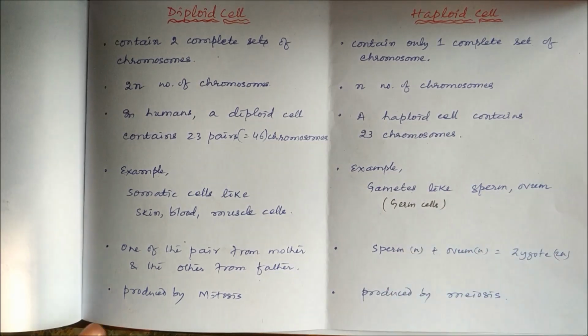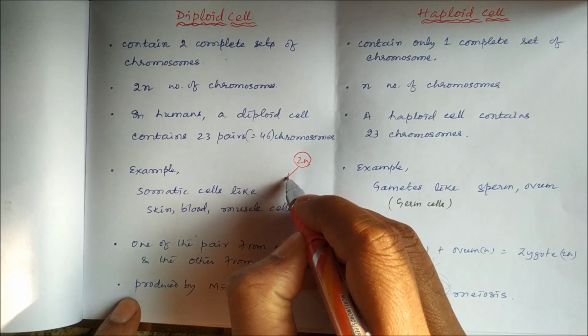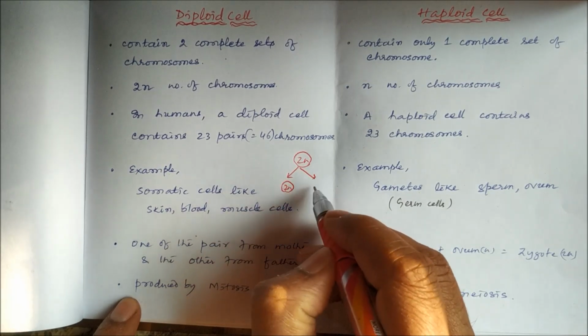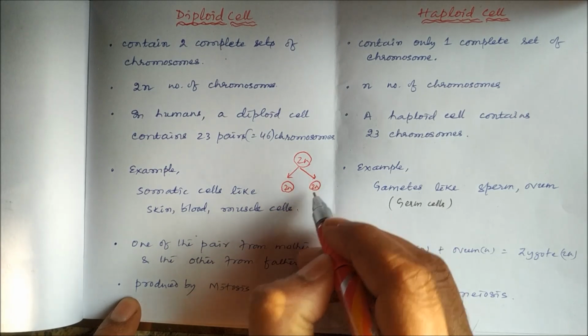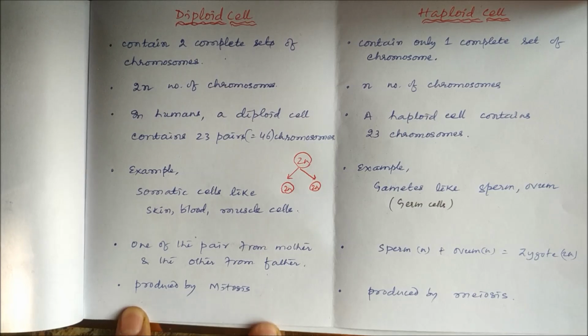And these diploid cells, say the parent cell has 2n number of chromosomes, so one cell divides into two cells, and both the cells will have 2n number of chromosomes. So this is mitosis. So diploid cells are produced by mitosis.